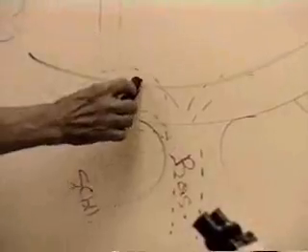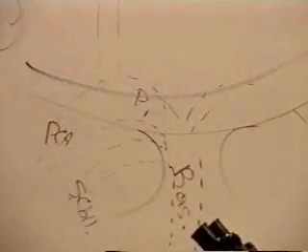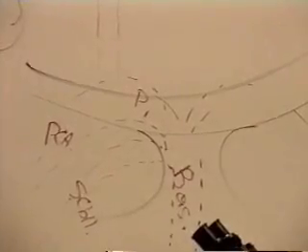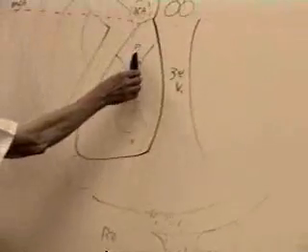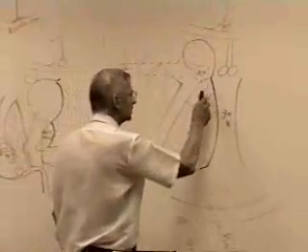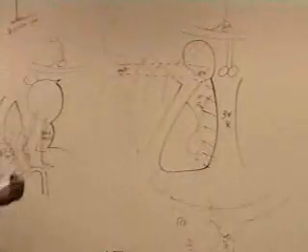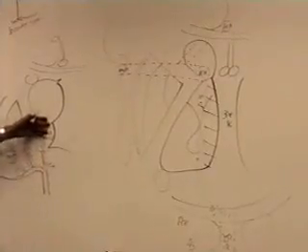And this would be P1, between basilar and posterior communicating. Posterior communicating branches coming up towards us to supply medial thalamus, hypothalamus. These branches.